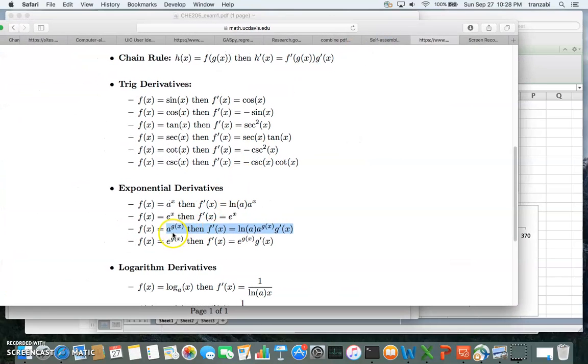The derivative of a raised to the power of a function, let's say g of x, is log of a, the log of the base, times a raised to the power, as before, and then times the derivative of the exponent, or the derivative of the power. This is very similar to the exponential of g of x. Remember, the derivative of the exponential of g of x is g prime times the exponential of g of x. It's similar, but now a is raised to the power of g of x instead of e. The only difference is you have a log a up front.